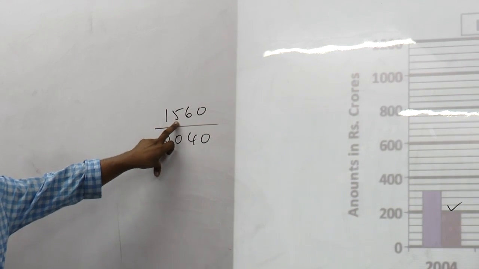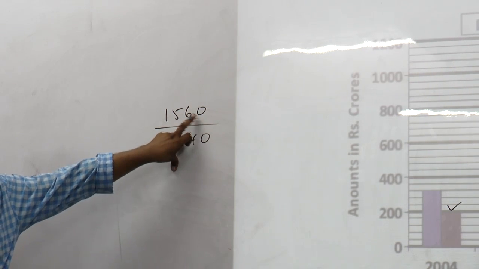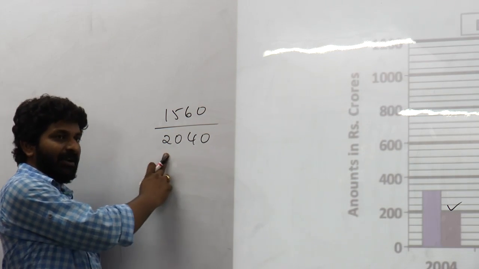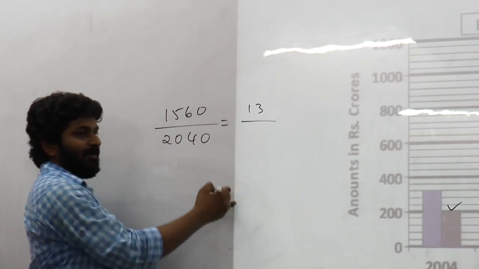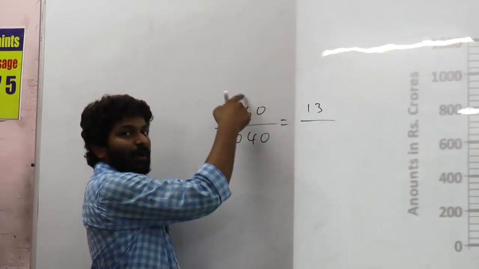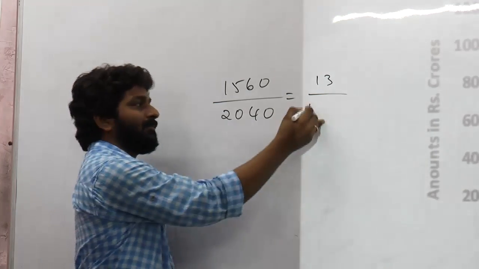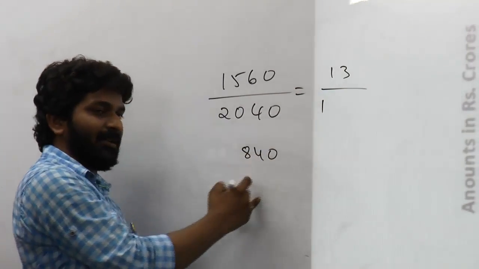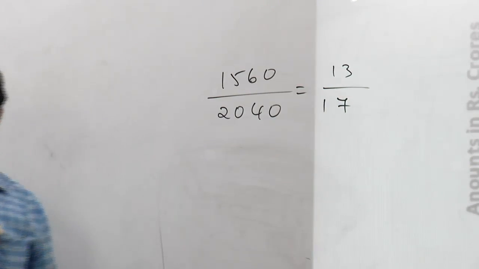Yes. 13 once, you have 26 again, 2 times and then 0. So in this sense 13 is 120 times. Let me verify whether it is a 120 multiple or not. In case it is 13, cancellation is with 120. Let me divide this number by 120. 120 one time. Still you have 84 and then 0. 120 7 times. 13 by 17 is the answer.